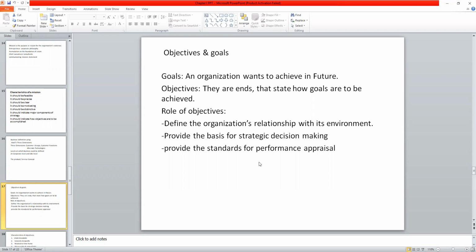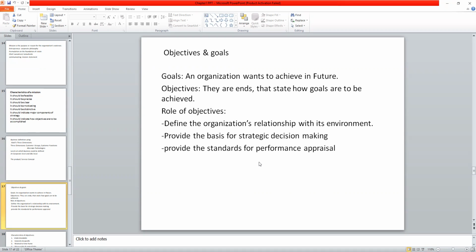So here, whether the set objectives are met or not, suppose you want to earn profits of 2% more, after the next quarter end you will conclude whether the objective set was achieved or not. So these objectives serve as a tool for performance appraisal.